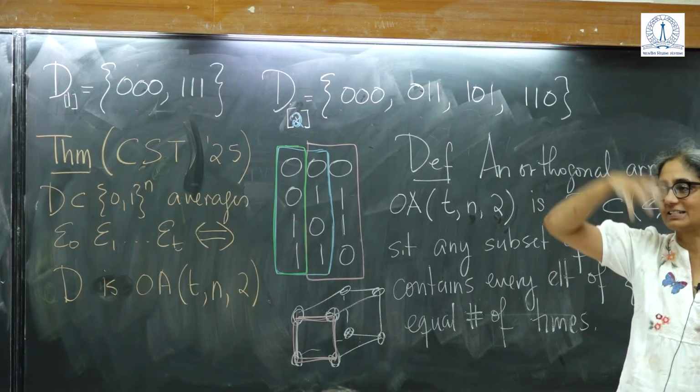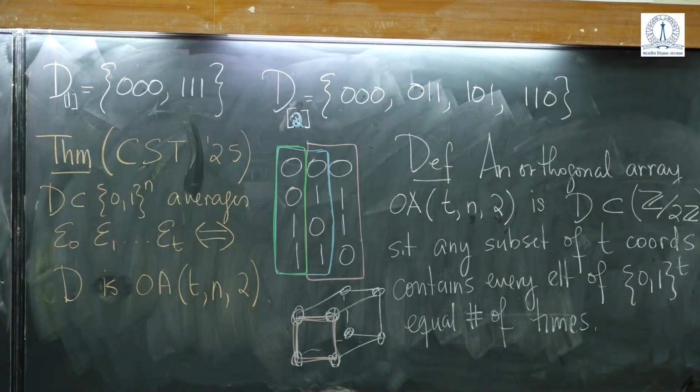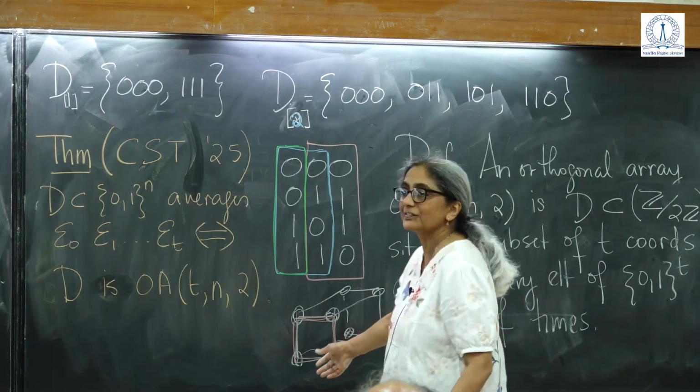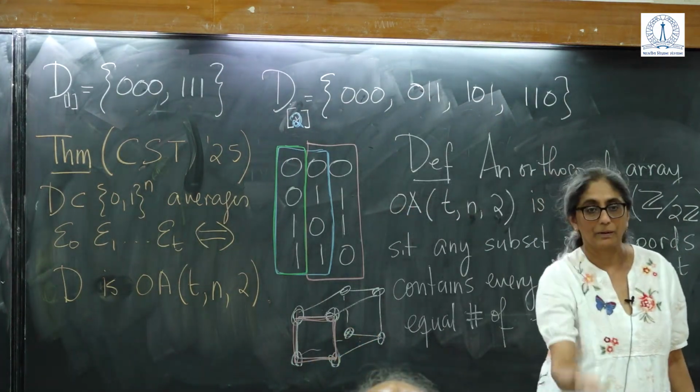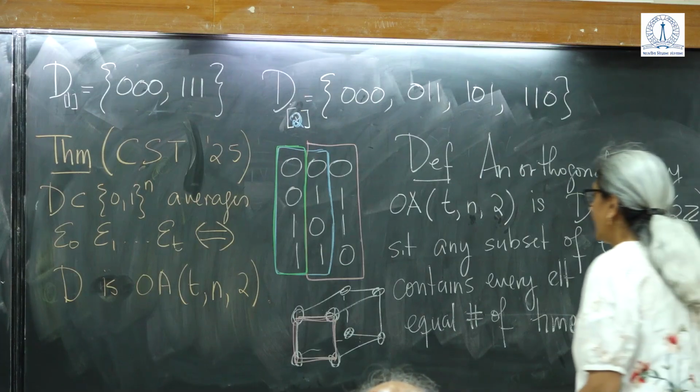Whereas the orthogonal array is nicely spread all over the place because every t coordinates has to be uniformly distributed on the vertices of 0, 1 to the n. So you get something very different looking if you try to average from the bottom up. You may or may not want to do it, but it's kind of interesting that that's what it is.